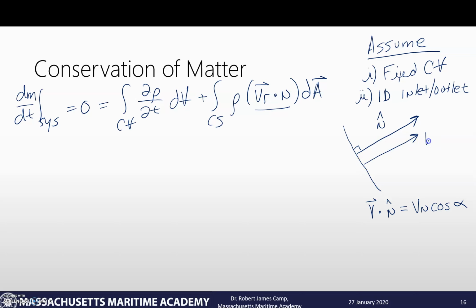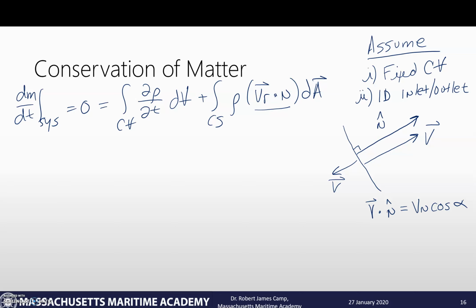So then, okay, well now my v dot n, I have either the cosine of 0, or if it's coming in, I have the cosine of 180, which would be negative 1. So cosine of 0 would be 1. Cosine of 180 would be negative 1.